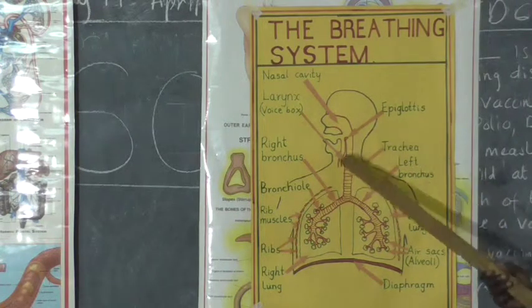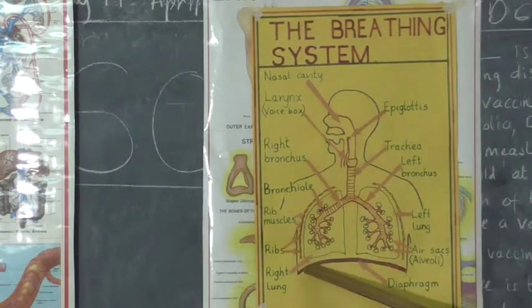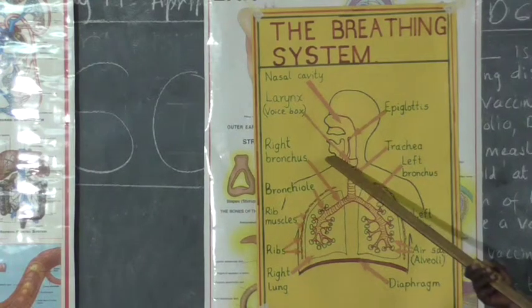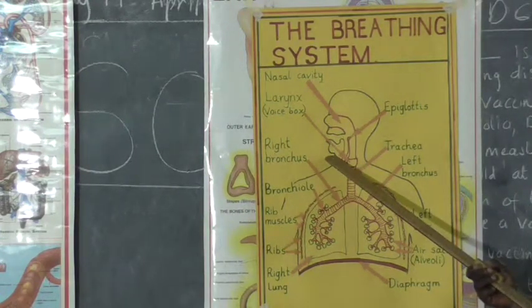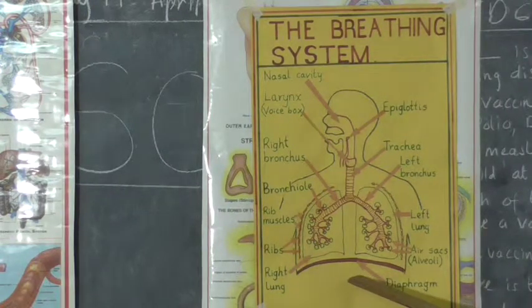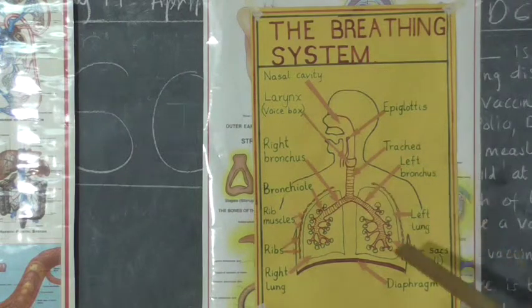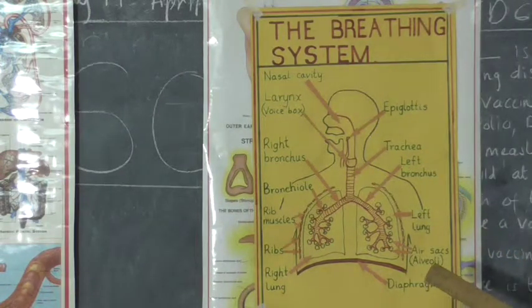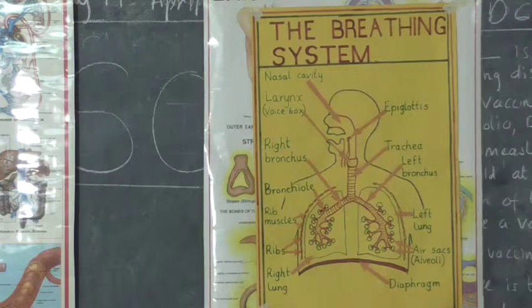And when we breathe in 0.03% carbon dioxide, out, we breathe 4%. Meaning, about 5% of carbon dioxide is manufactured in the body, and about 4% of oxygen is used up during the process of respiration.